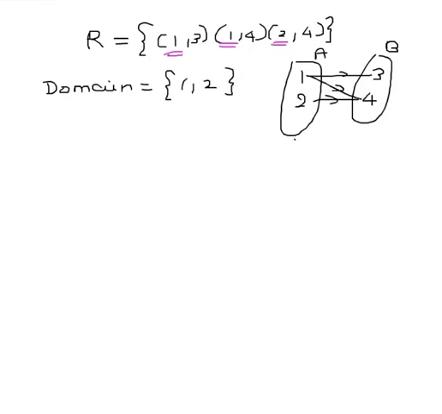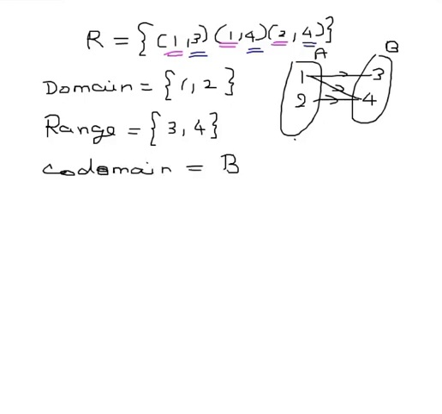No need to repeat the elements in a set. We usually don't repeat the elements in a set. So the domain is set of all first elements, which is {1, 2}. Now range definition. Set of all outputs, the second elements, {3, 4}. That is called the range. And codomain.